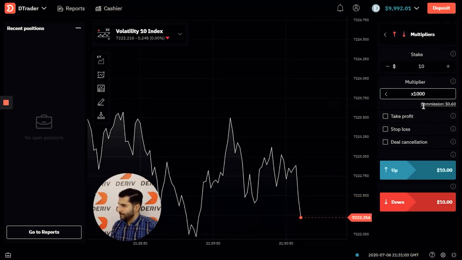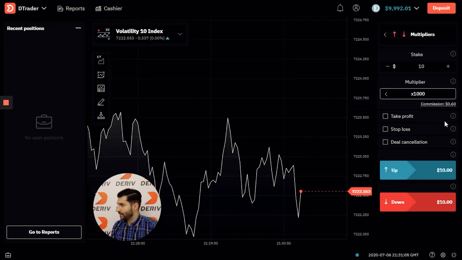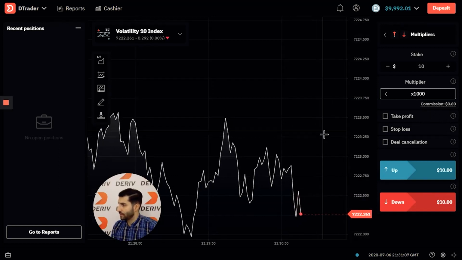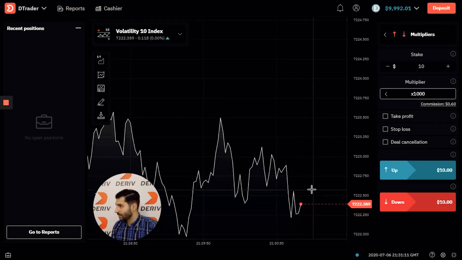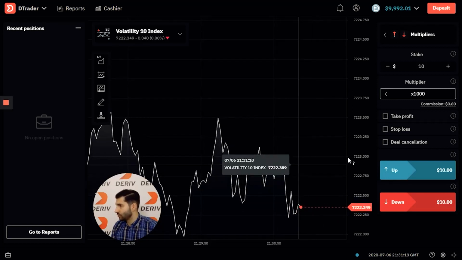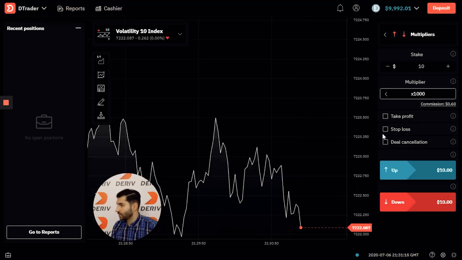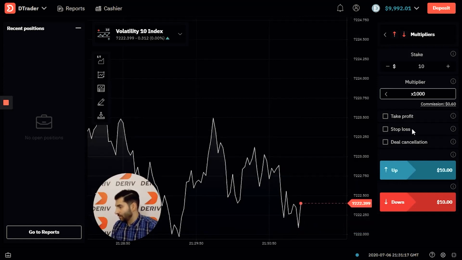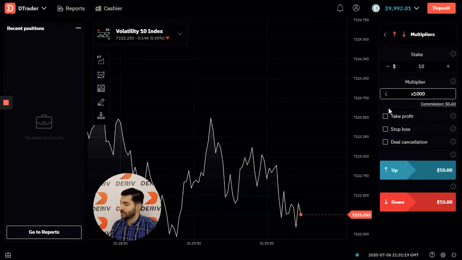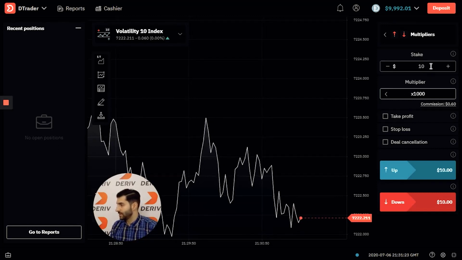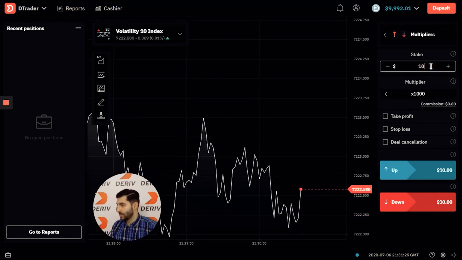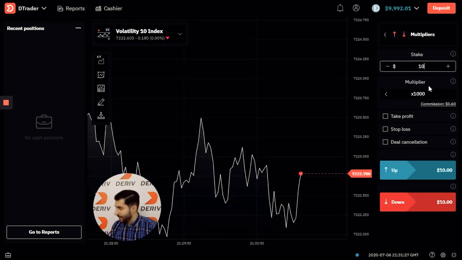So essentially, the multiplier option here defines the proportion between profit and loss change and the underlying asset's price change. The multiplier option allows you to leverage your earnings and earn much faster. Obviously, the opposite is also true, so you can also lose just as quickly as you can win. The fantastic thing about multipliers is that your losses are always limited to your initial stake.